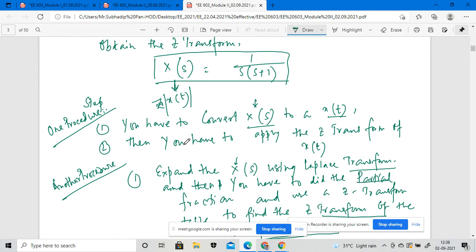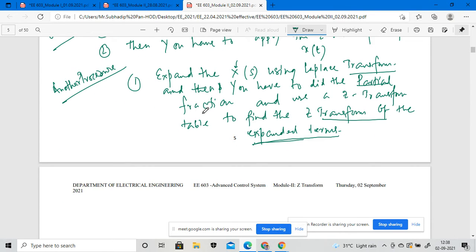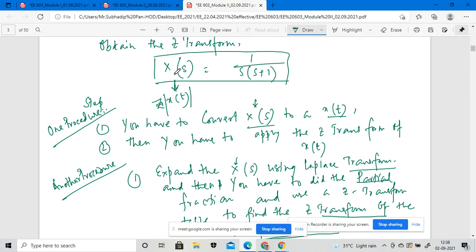So first, what do we have to do? My function is this. First we have to convert this X of s into a function of X of t.